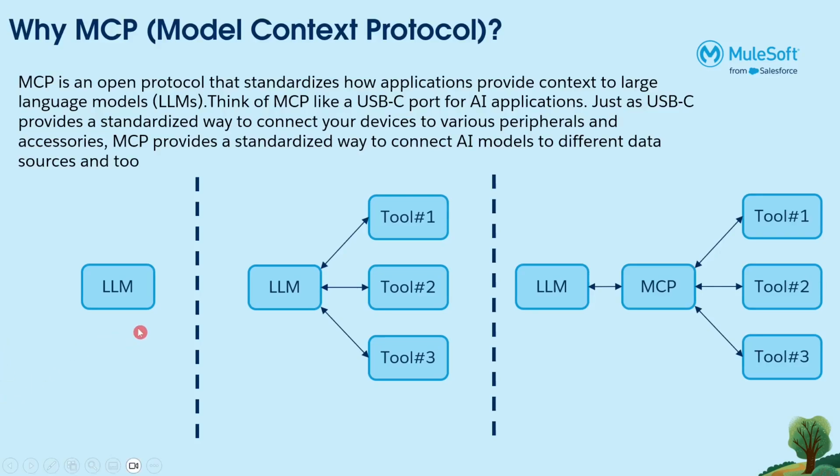So let us understand with an example. If you have an LLM and you tell it that you want to send an email, it would basically lay down the instructions to send an email, but it won't send one. And if we see an LLM which is now integrated with MCP and the tools, it is now an AI agent which would actually perform the task of sending an email.